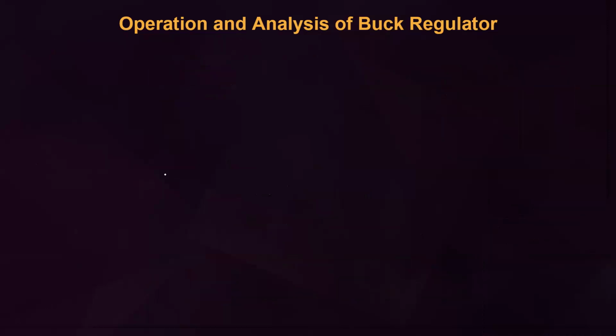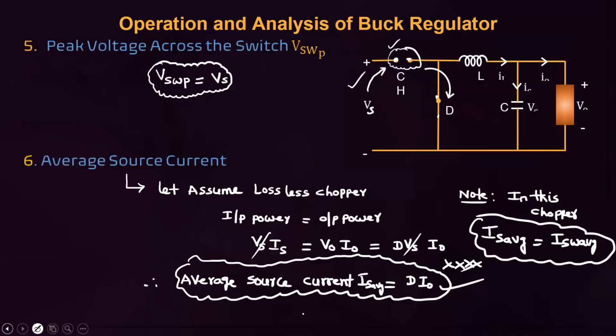But here I have to give one note point. Very important observation, listen. V naught equals dVs, and Is equals d I naught, so I naught equals Is by d.